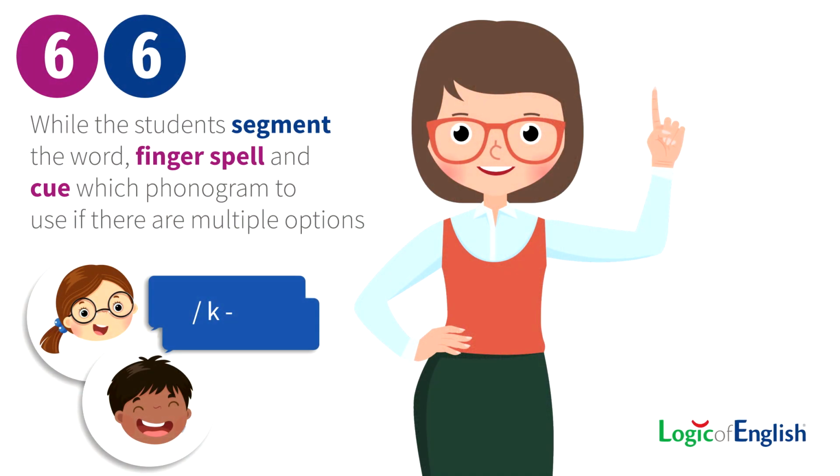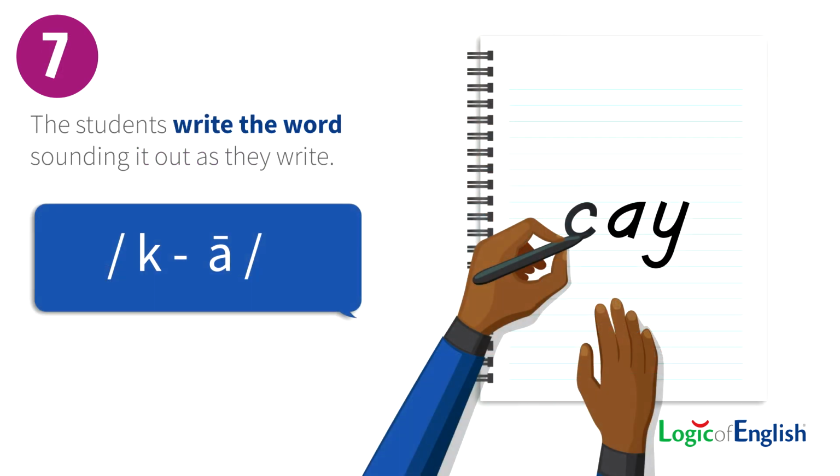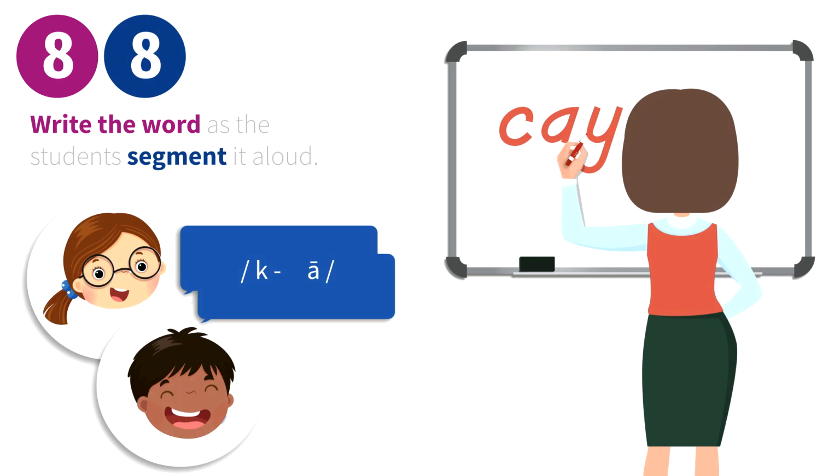Does that make sense? So I'll sound it out. And you'll have to tell me use. Yeah, use A. Use 2-letter A that may be used at the end of English words. Then the students write the word, sounding it out as they write. K, A. And then you will write the word as the students segment it aloud.